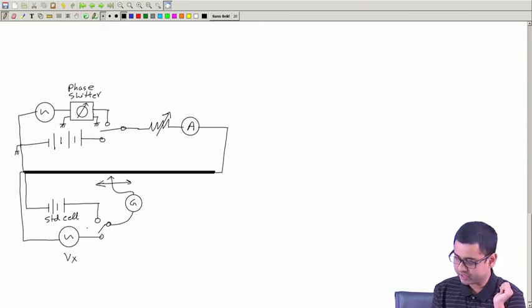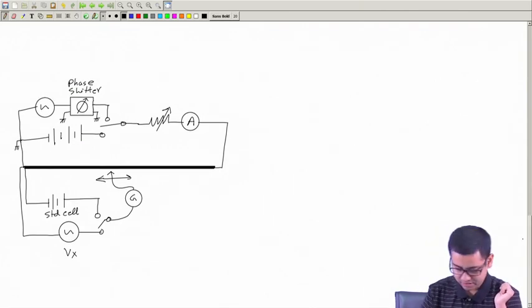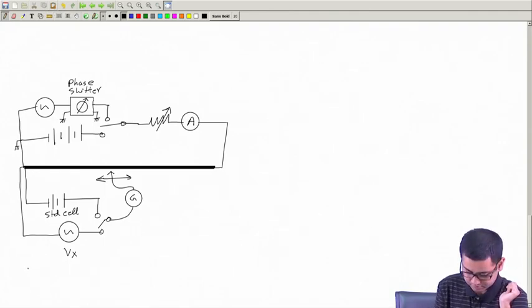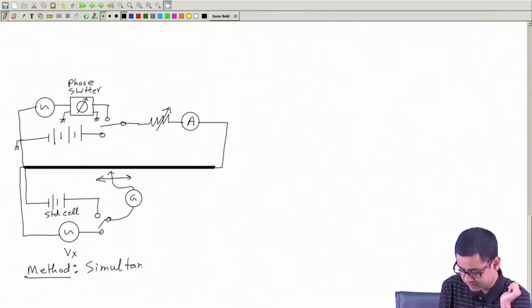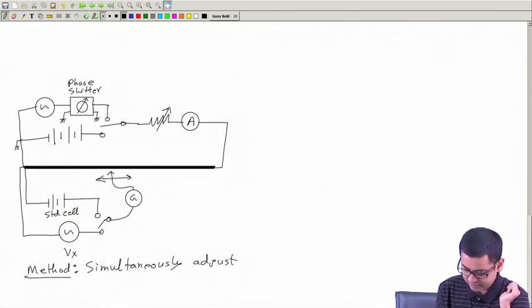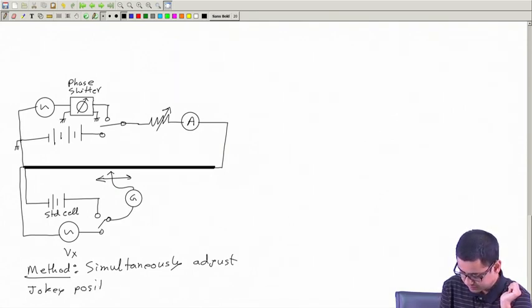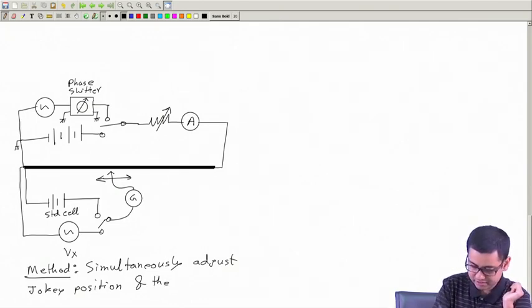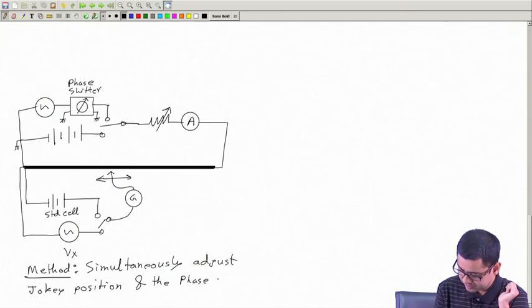So during the measurement phase, what we have to do, the method is to simultaneously adjust the jockey position and the phase angle to get null.